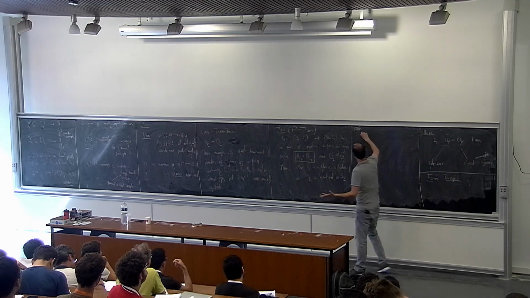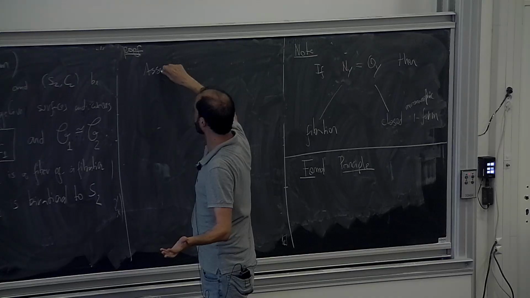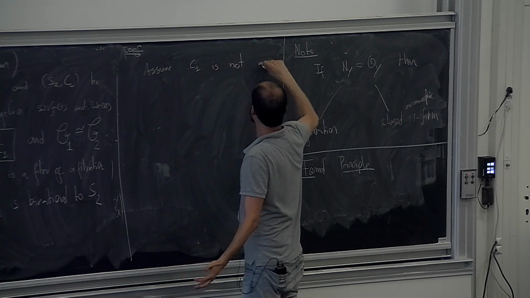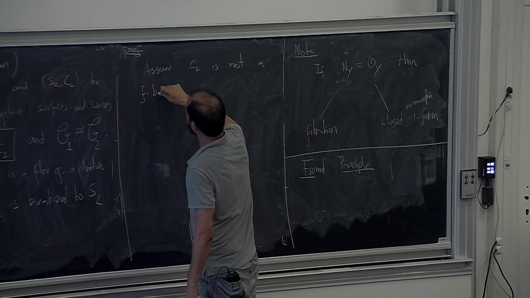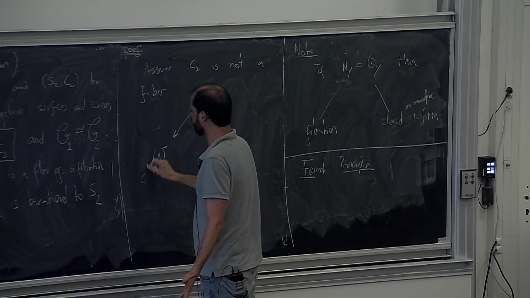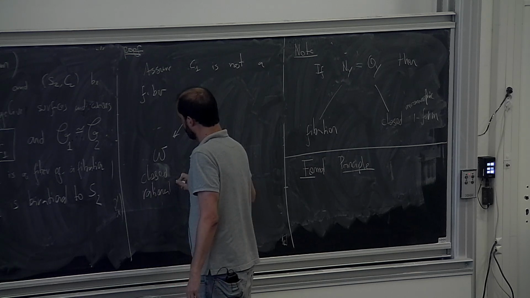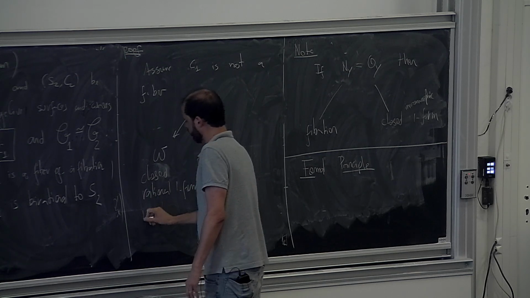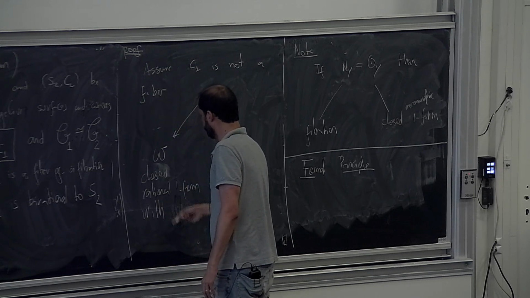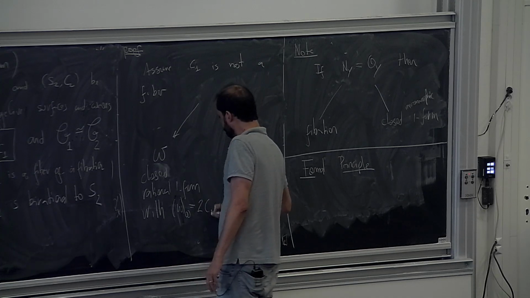So assume C1 is not a fiber. Then we produce two things. One is this closed rational one form, with poles along C1.